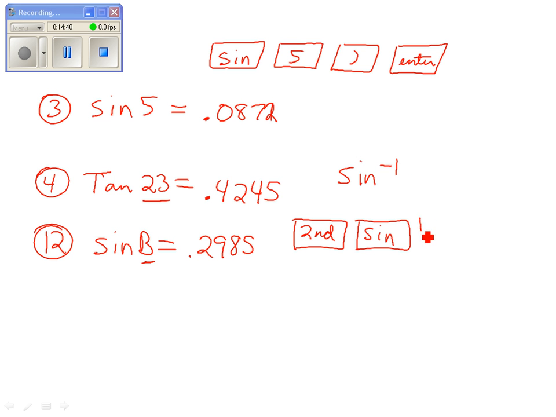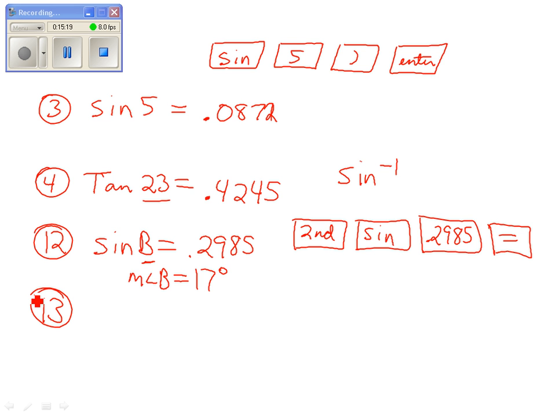And then you punch in your number, which is 0.2985, and then hit enter, or equals. So second sine 0.2985, close the parenthesis if you want, hit enter, and it tells you the measure of angle B. We're going to round ours off to the nearest degree, so we'll say the measure of angle B is about 17 degrees.